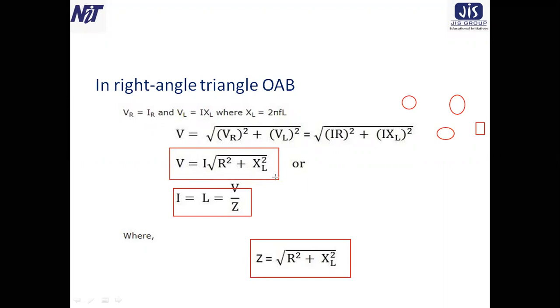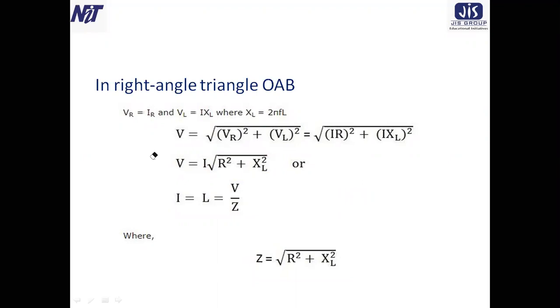Because we know that Z equals to V by I. So V is actually I into Z, and this is the value of Z. So what is Z? Z is actually root over R square plus XL square. So in this way we can find the value of the impedance from the phasor diagram.